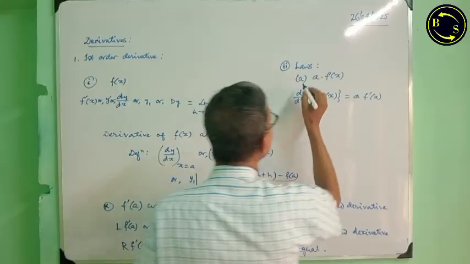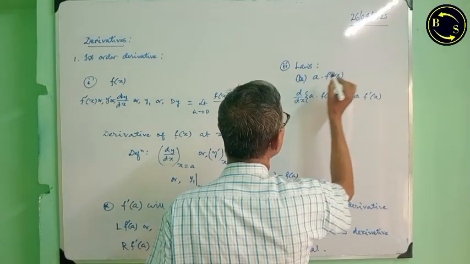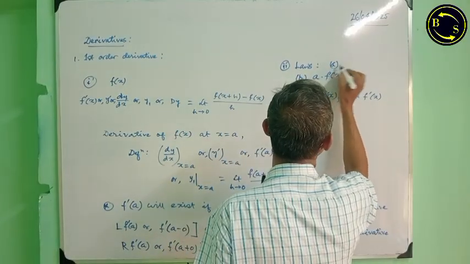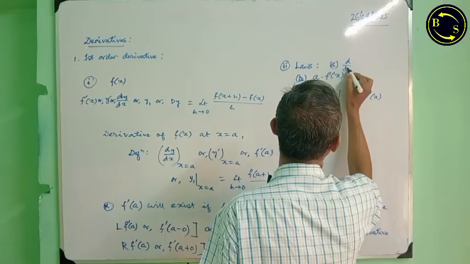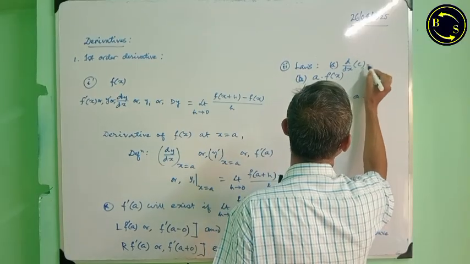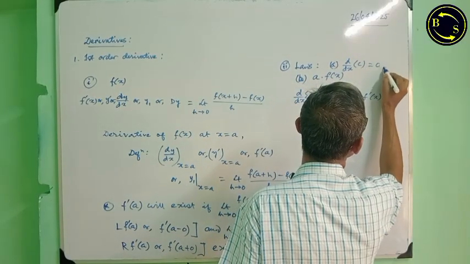Also, we can take this one as first, d/dx of c is 0, c constant.